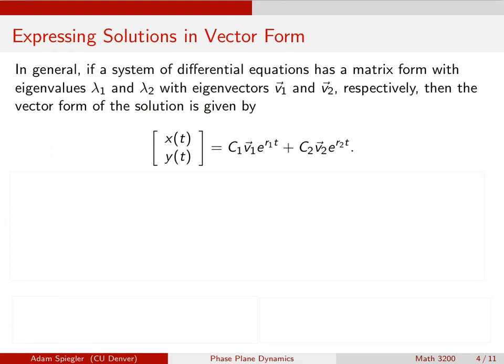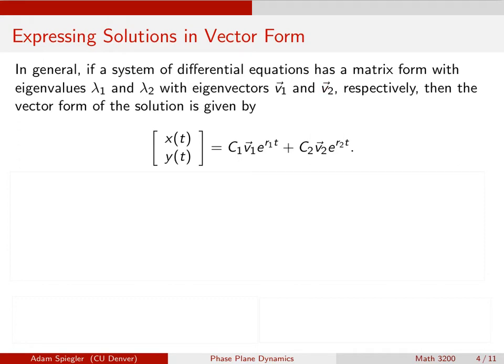Okay, so let's talk more generally about how we can express solutions in so-called vector form. I realize we haven't talked about what an eigenvector is technically yet, so I'll do that afterwards. But given a system of linear differential equations, we can find eigenvalues, say lambda 1 and lambda 2, and then we'll talk about how we can find corresponding eigenvectors for each of them.